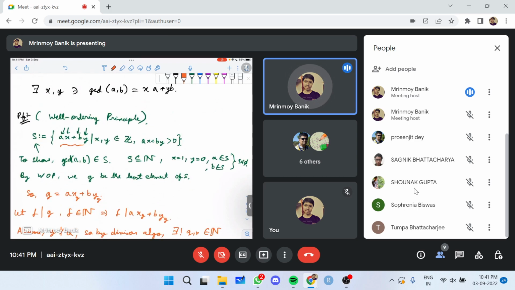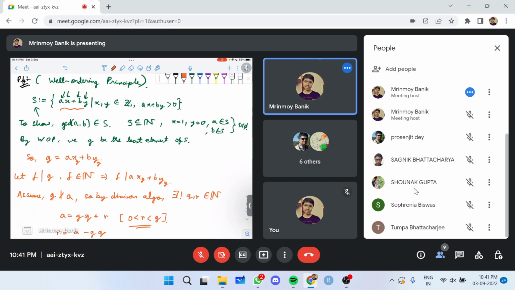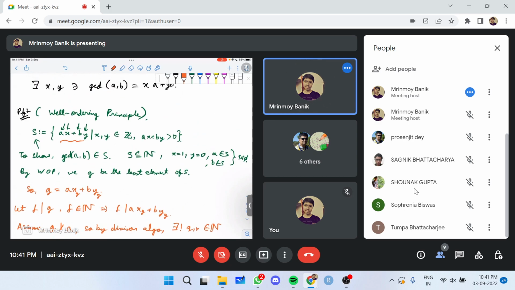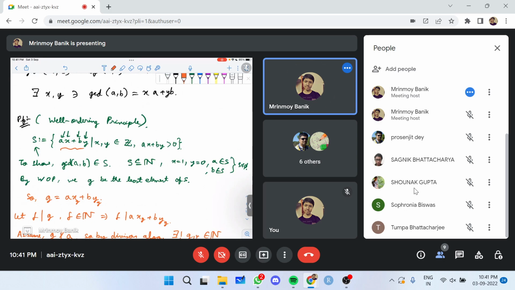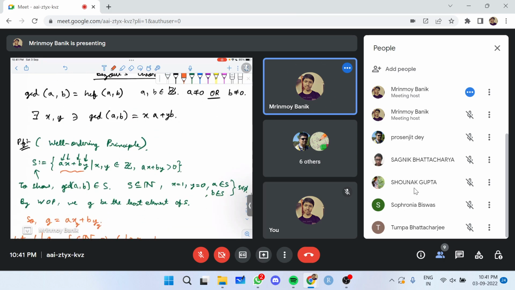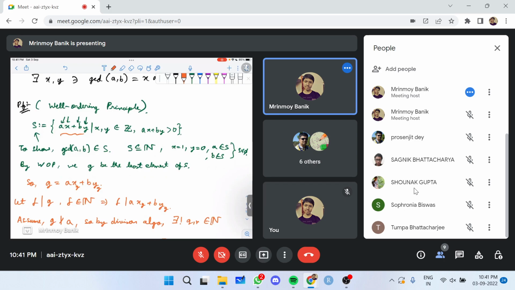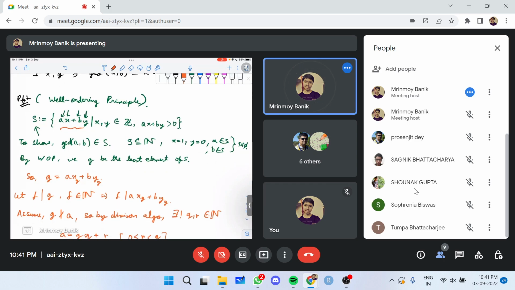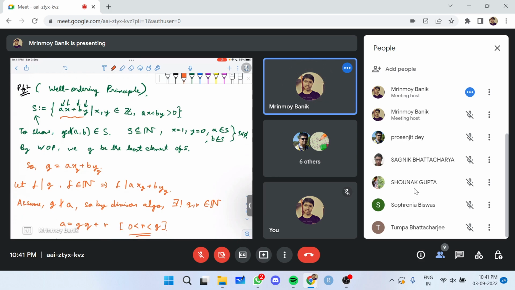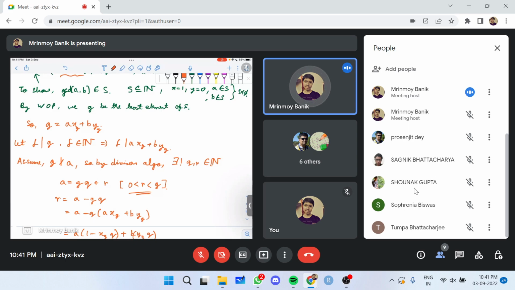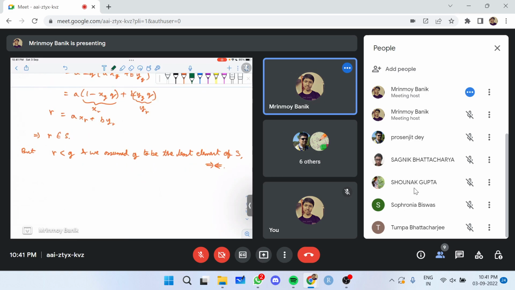Which one of our assumptions do we get a contradiction to? Just a minute. Yeah, this assumption. We assumed G doesn't divide a. So this contradiction is for that. Hence G divides a.